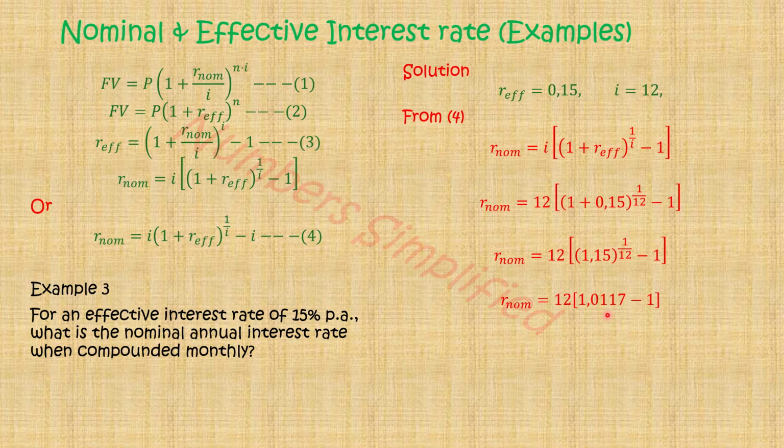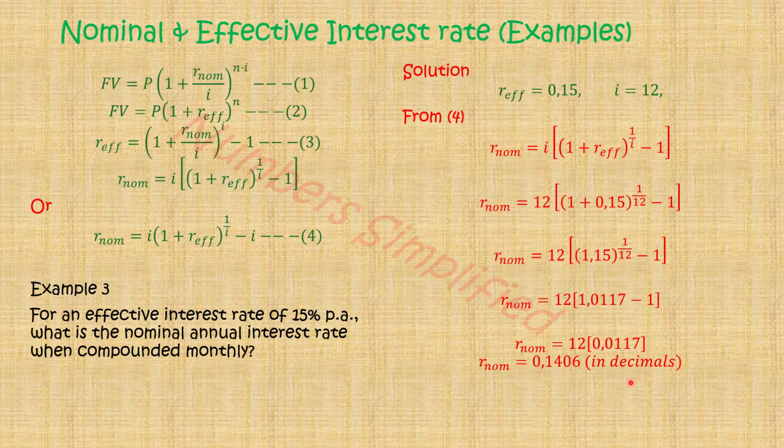1.0117. Now we consider what's within the square brackets. Now we subtract that so that we get 0.0117. And remember, that is being multiplied by 12. So multiplying that by 12, we are going to get 0.1406. That is in decimals.